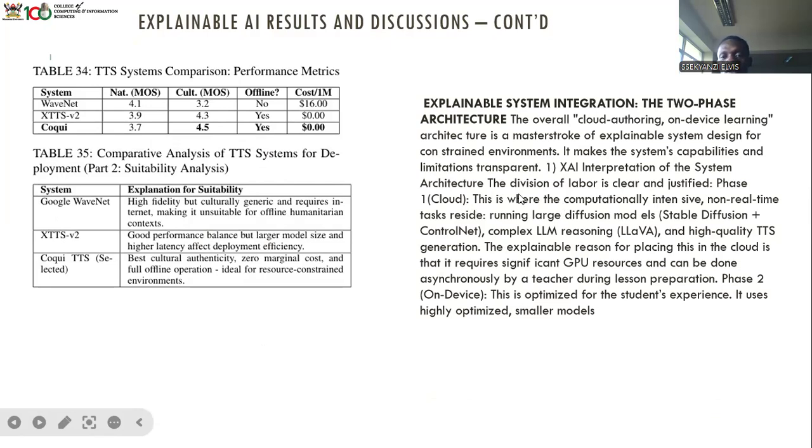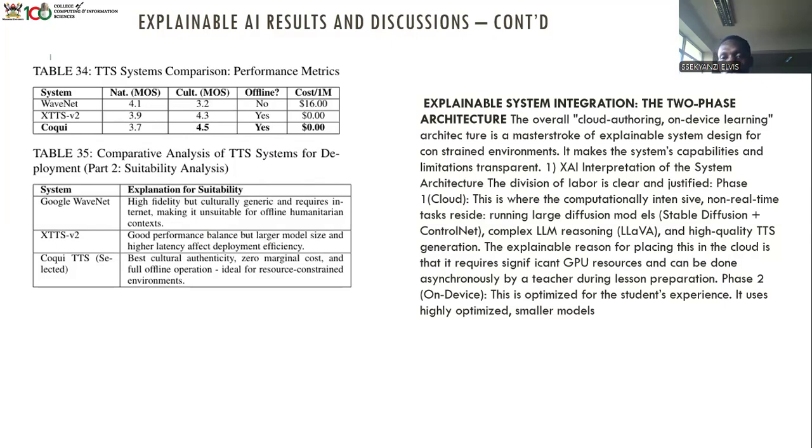Phase one is where the computationally intensive, non-time-critical tasks reside: running large diffusion models such as Stable Diffusion and ControlNet, complex large language models like LLaVA, and a high-quality text-to-speech generator.